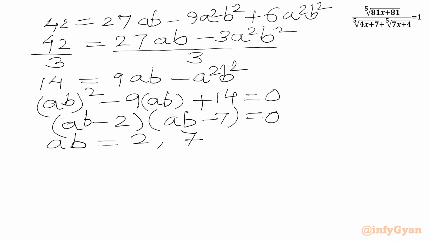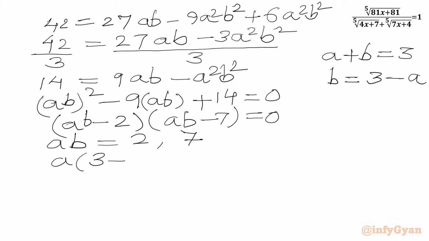Now our first equation was a + b equal to 3. So from here I can write b will be equal to 3 minus a, which we will apply here. So a times (3 minus a) equal to 2 and 7.